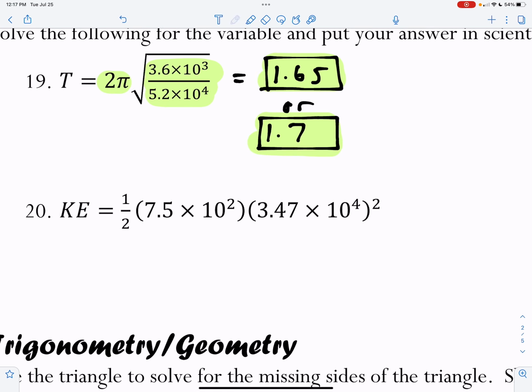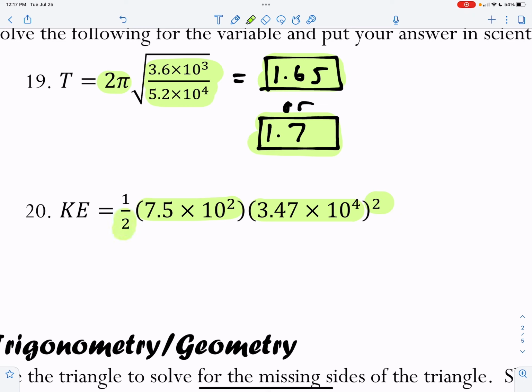Now in number 20, you're going to be multiplying 1/2 times this number squared. So it might be actually better to go kind of work it backwards. Take the back number, put that in your calculator, square it, then multiply times the second number here, then divide by 2.